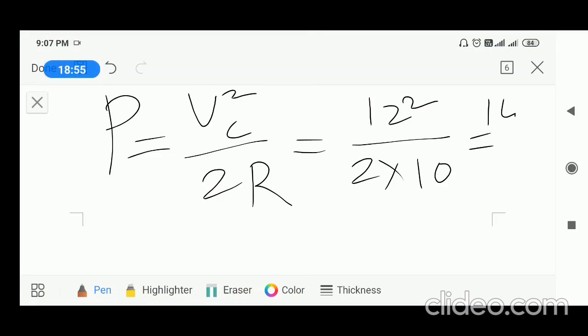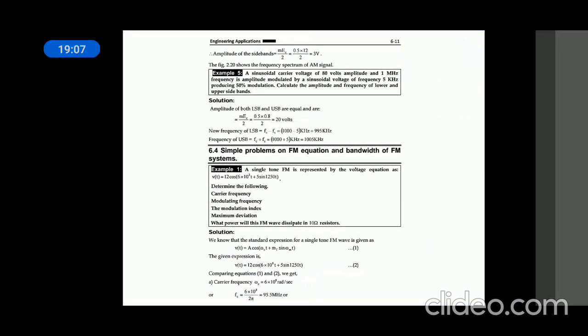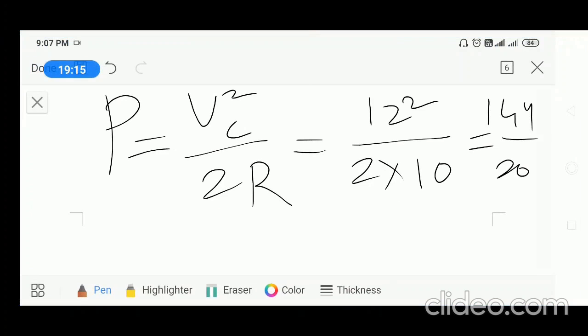It is 144 divided by 20. The power comes to 7.2 watts.